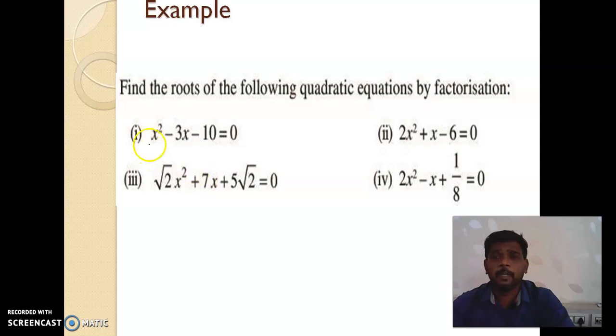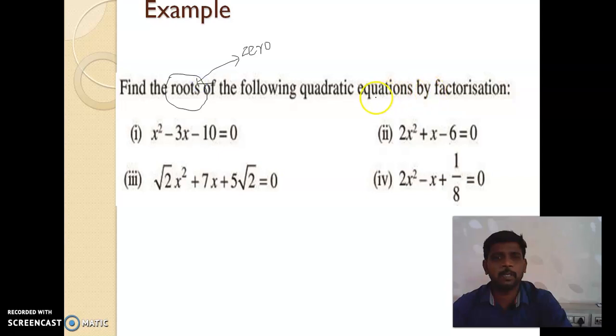Here, find the roots of the following quadratic equations by factorization. The word root is given here. Root is nothing but solution; roots or zeros we can call it either way. In polynomials you have seen the word zero. Zero and root are the same.